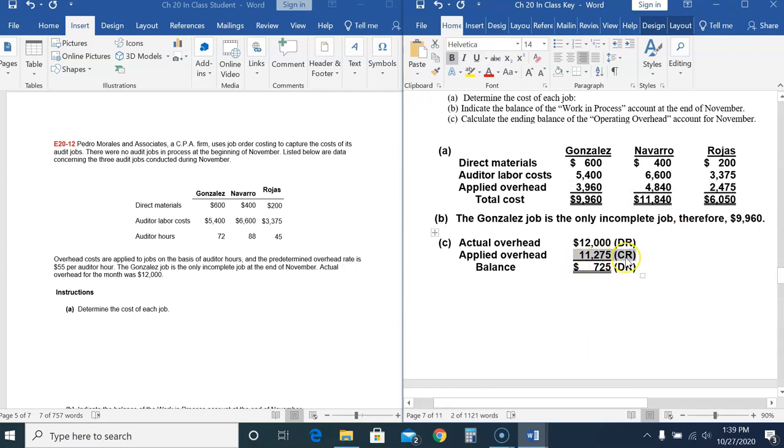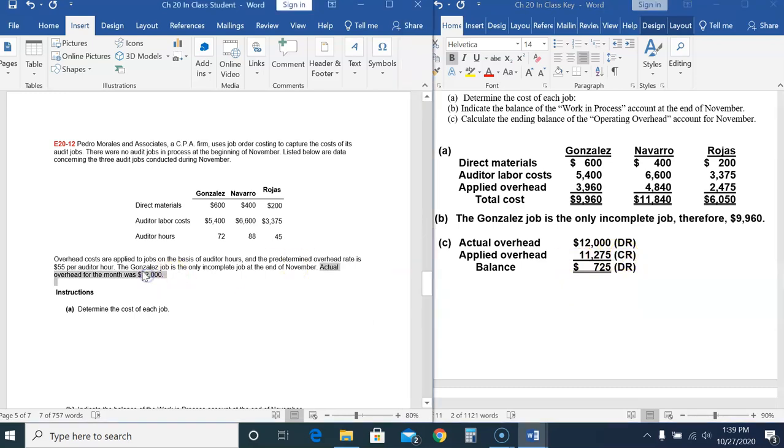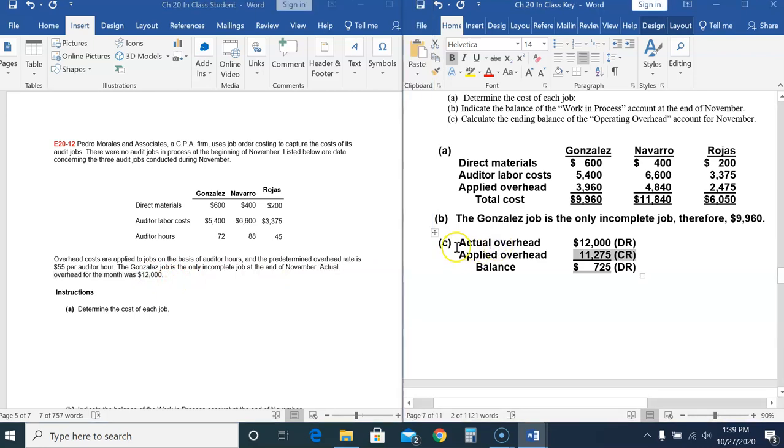That would have been credited into the overhead account. My actual overhead debited into manufacturing overhead was $12,000. If I debited overhead for $12,000 and credited applied overhead, I ended up with a debit balance of $725, which means I underapplied because my applied overhead was less than my actuals.